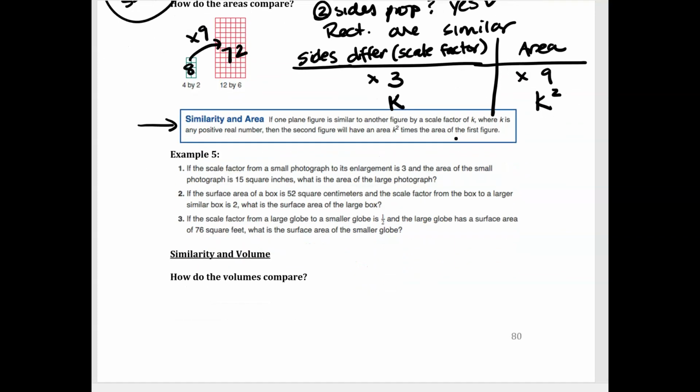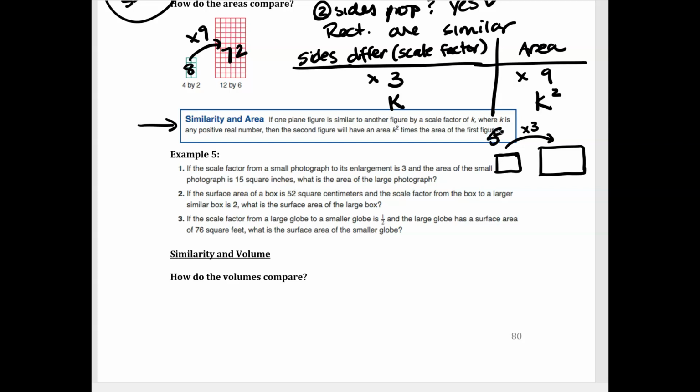Number 1 says if the scale factor from a small photograph, so I'm going to draw a picture here. Here's our small photo, it's enlarged by a factor of 3. So that means, let's say, times 3. Each of the lengths are 3 times bigger in the big photograph. And the small photograph is 15 square inches.